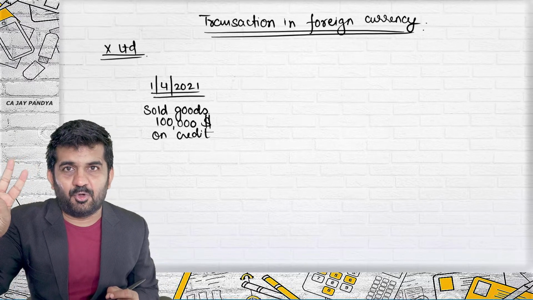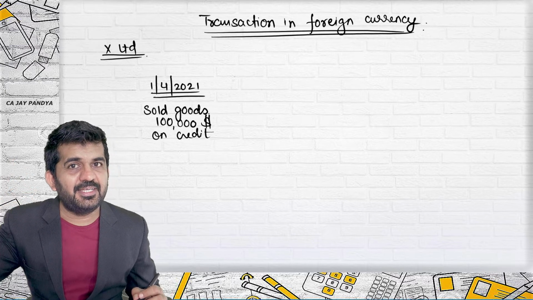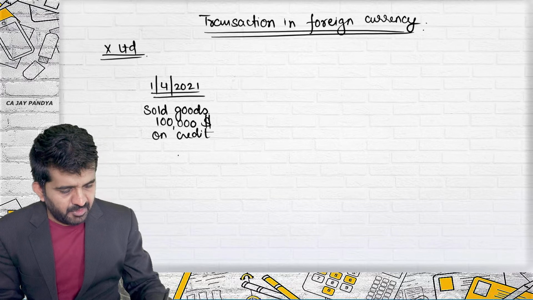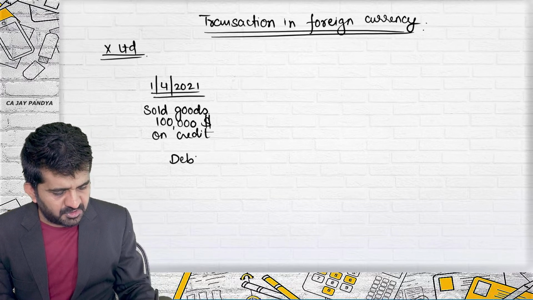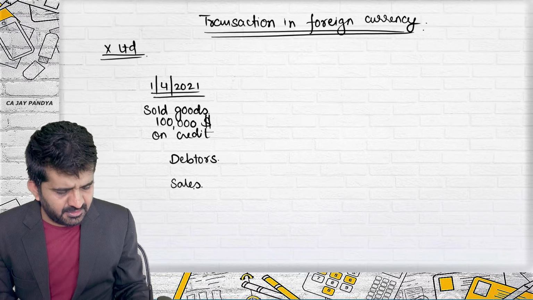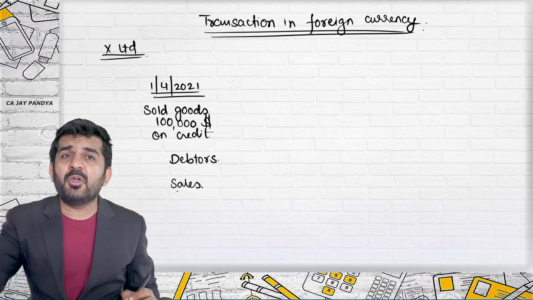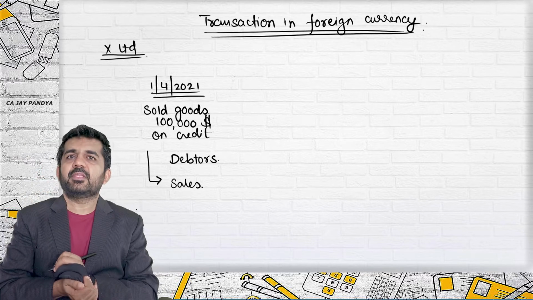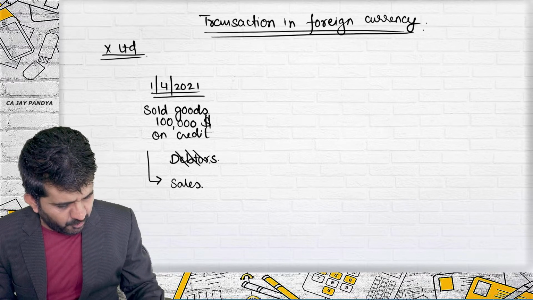Two things will be recorded. One is a debtor's account will be debited and sales account will be credited. So there will be two accounts affected, debtors and sales. Let us forget debtors right now.